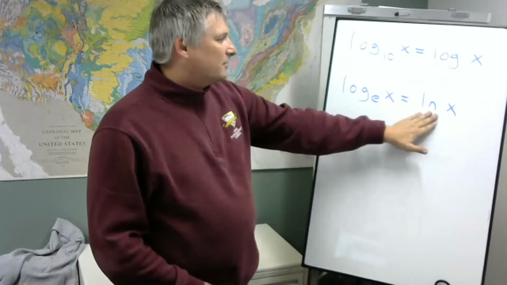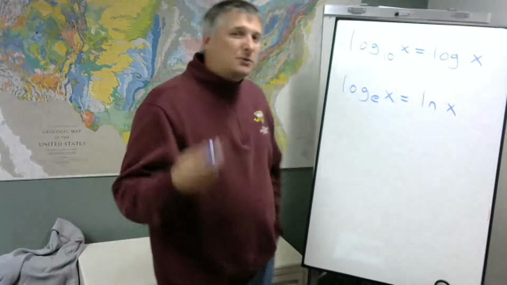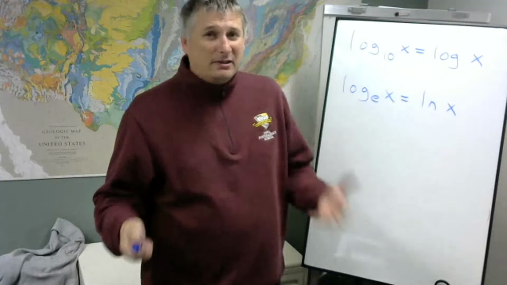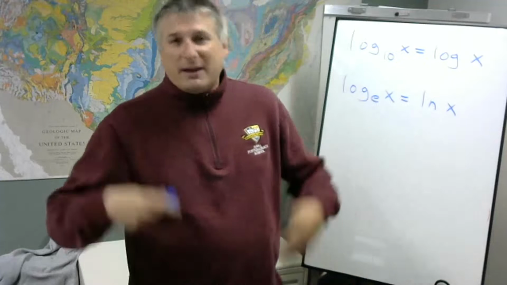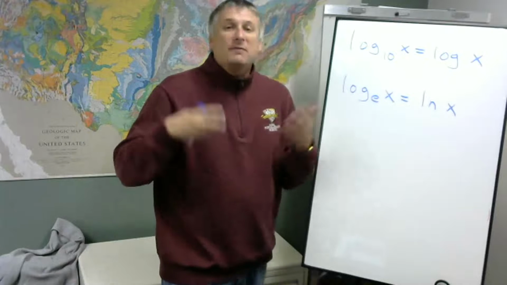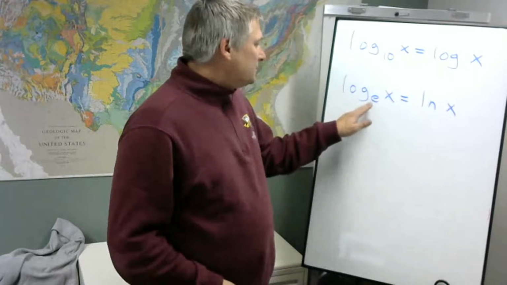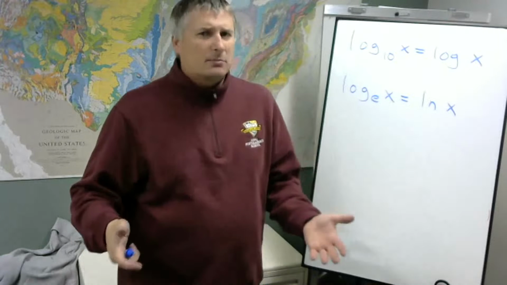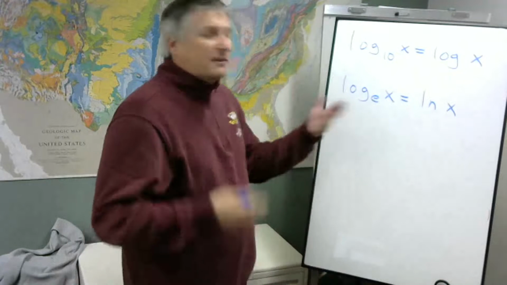Log base e is written like that. And again, we're interested in base e because that special number comes out of a limit that we use for financial formulas. If we want to compound interest infinitely, continuously, this number naturally comes out in that calculation. It comes up in a lot of other places too. It's sort of like the number pi.